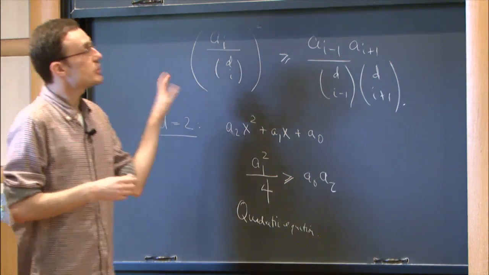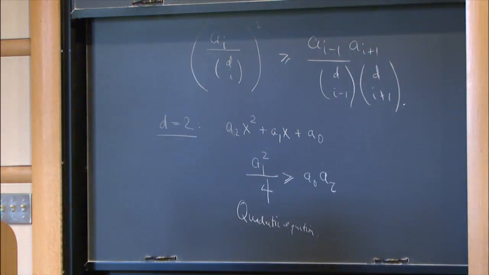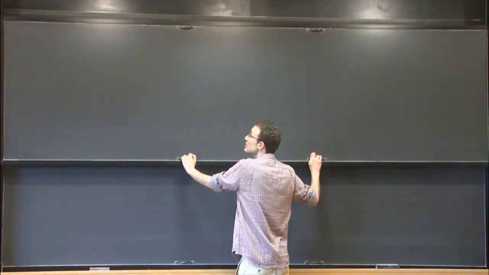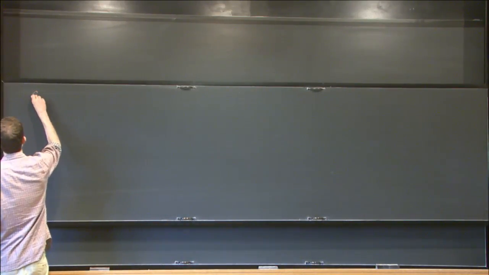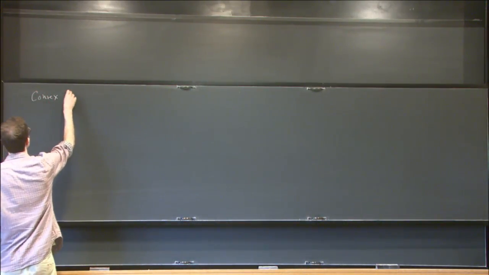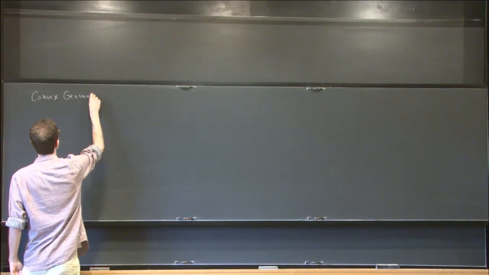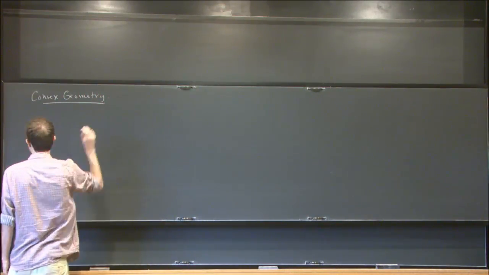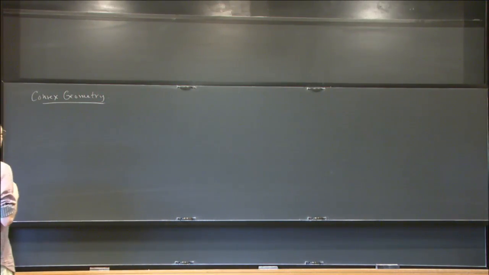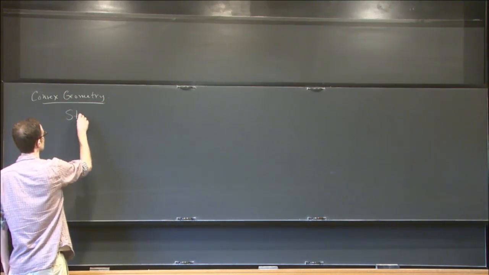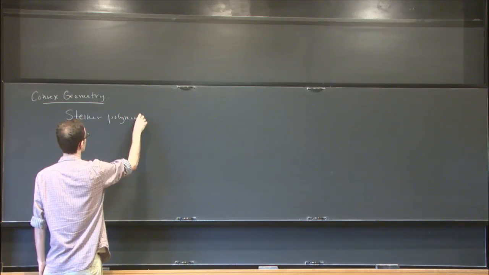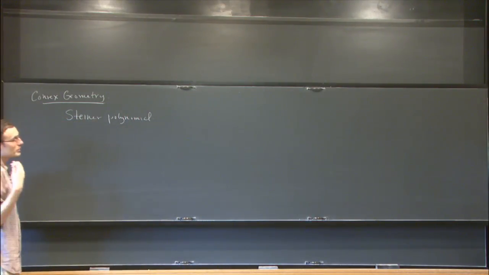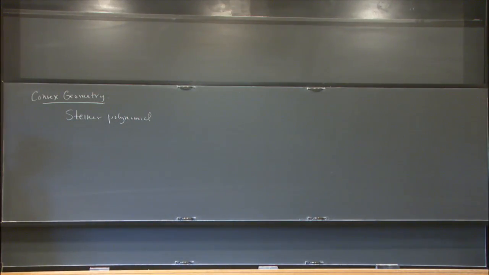But I should mention that this inequality appears in other places. So in convex geometry, for example, there is what is known as a Steiner polynomial. And a Steiner polynomial is sort of the convex geometry equivalent of a characteristic polynomial of a matrix, right?